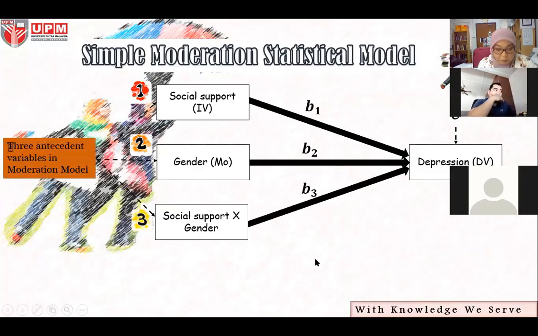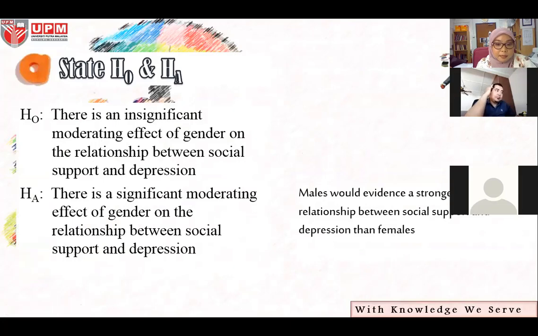I skip stating H0 and H1, but you can state that there is an insignificant moderating effect of gender on the relationship between social support and depression, and then there is a significant moderating effect of gender on the relationship between social support and depression as your alternative hypothesis. We might assume that males would evidence a stronger negative relationship between social support and depression compared to females. This is our early assumption.